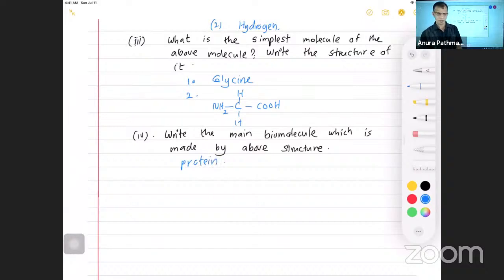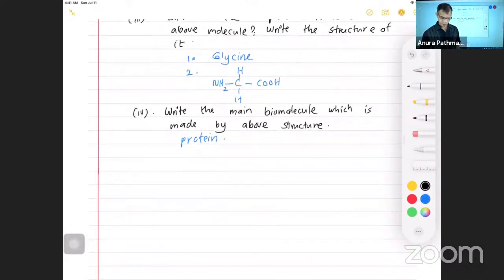Right. There are some significances of protein.